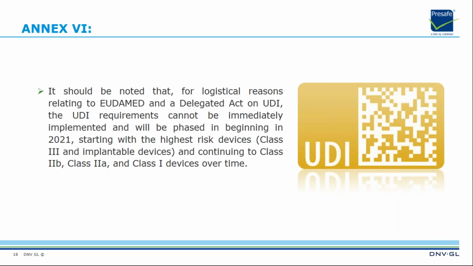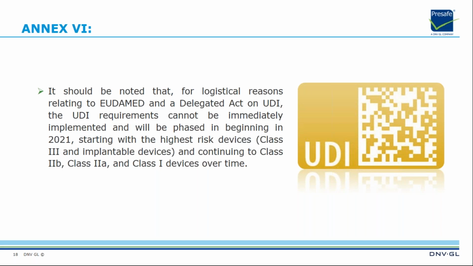It should be noted that for logistical reasons relating to the European databank on medical devices and the delegated act on UDI, the UDI requirements cannot be immediately implemented and will be phased in beginning in 2021, starting with the highest risk devices.